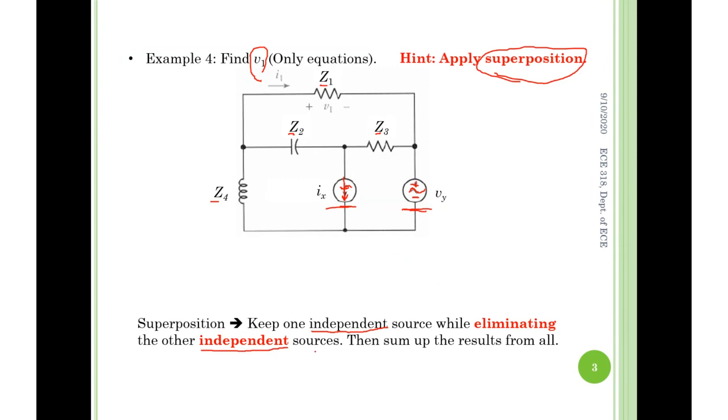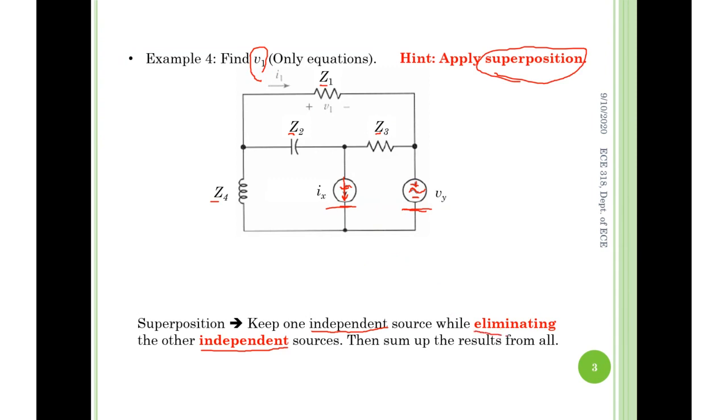Because if you see any dependent source, you cannot touch it. It is always there. Keep it there. You can't eliminate any dependent source.